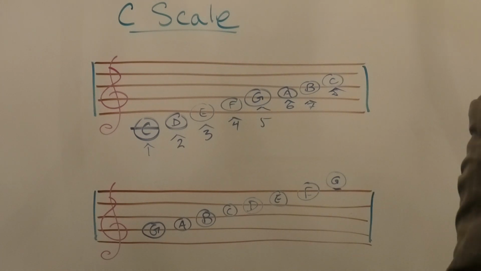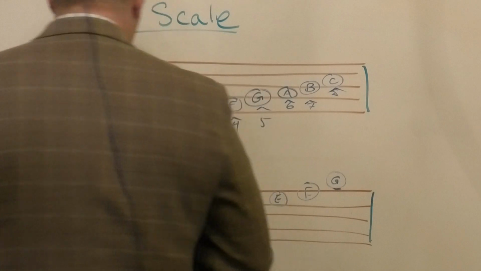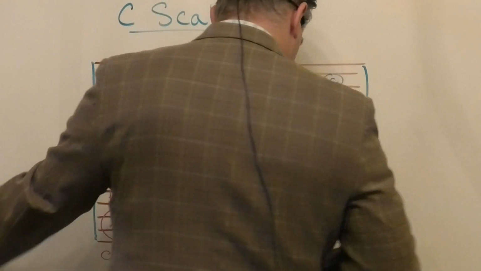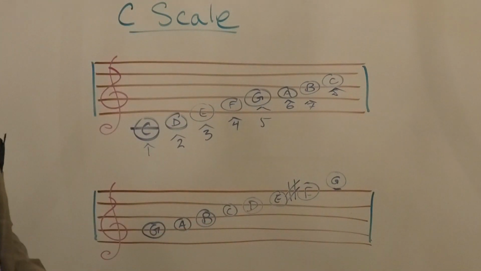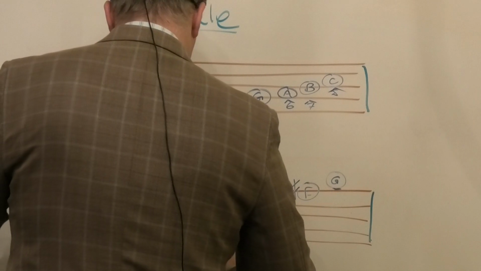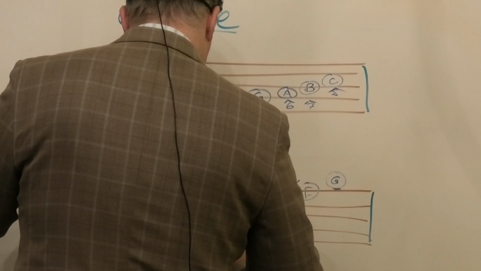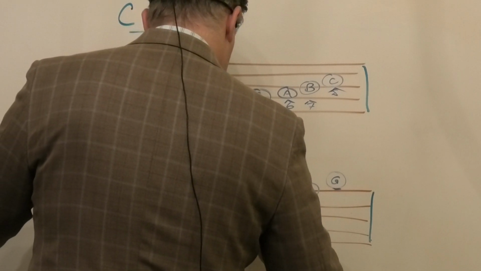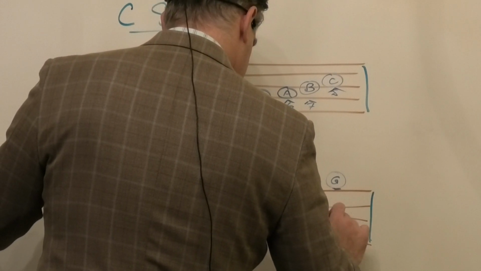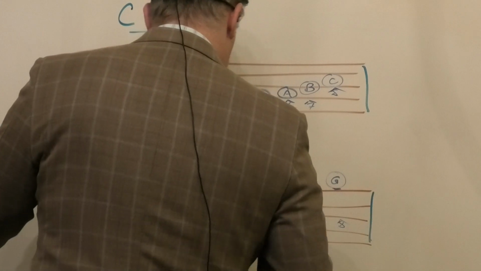We have to raise the F to an F sharp. The F sharp is the 7th scale degree, so we have to write a sharp. We'll write it in right there. Sharp. Okay? We have scale degree 1, 2, 3, 4, 5, 6, 7, 8.